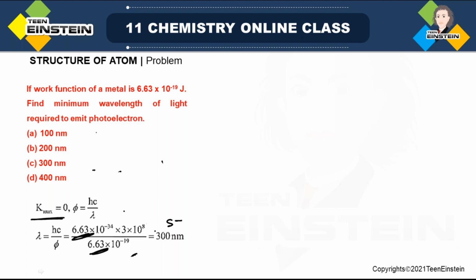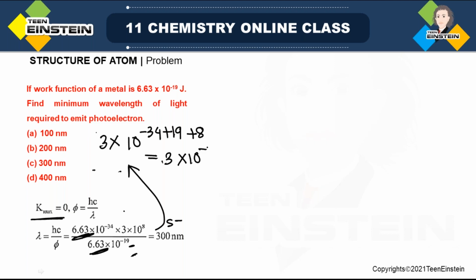So directly if we write, we will get 3 into 10 to the power, minus 34 plus 19 plus 8. So if you do this, you will find 3 into 10 to the power minus 34 plus 27.